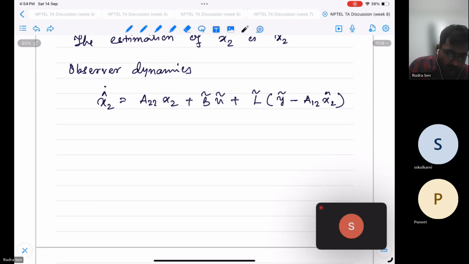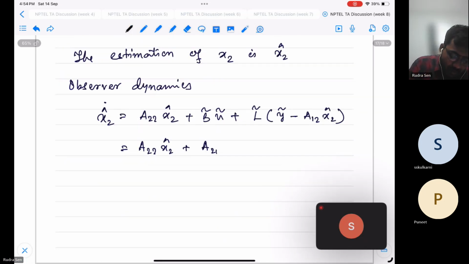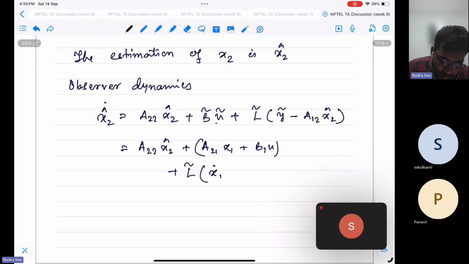So writing all those things out: A21 x1 plus B2 u, plus L tilde times y tilde, where y tilde is x1 dot minus A11 x1 minus B1 u minus A12 x2 hat.